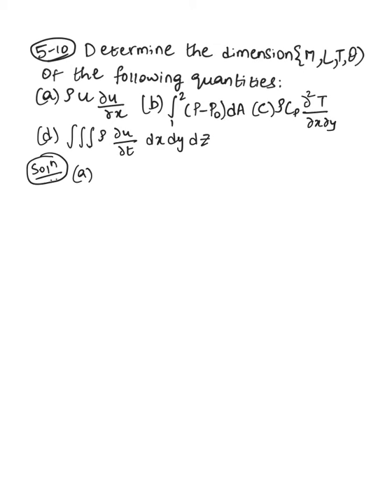Part A, which is rho u dou u by dou x. Let's try to break down each and every variable of this quantity. So rho is represented for density, and density is a ratio of mass upon volume.